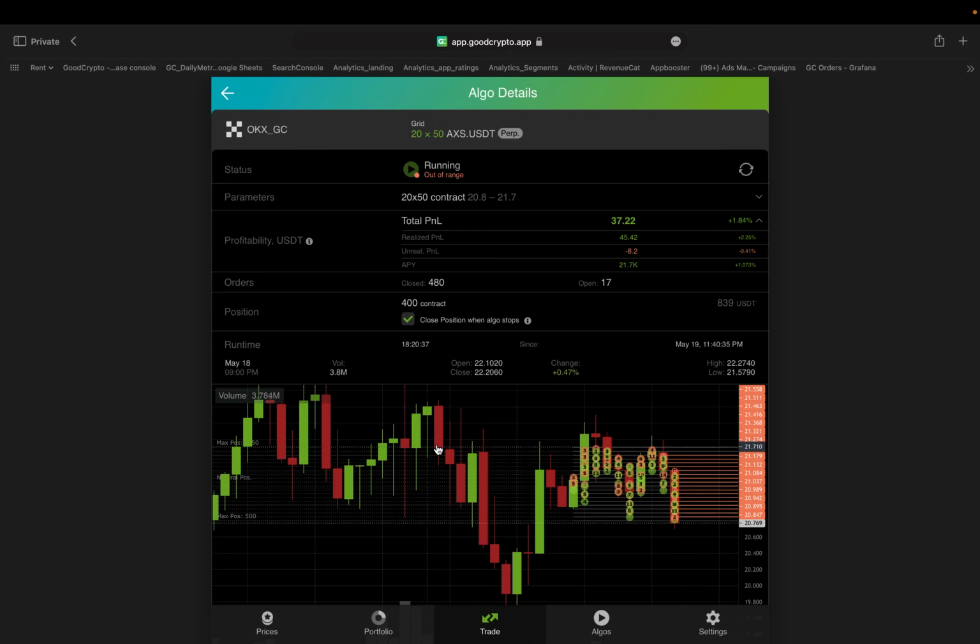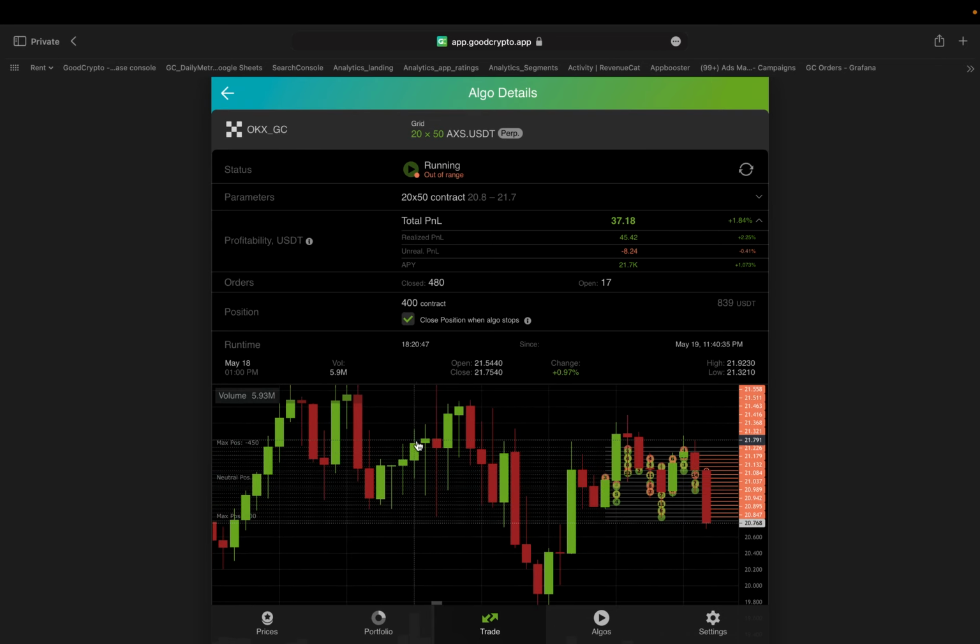So anyway, I looked and said maybe that's not a bad thing. It more or less covers maybe 70 to 80% of the range in which the instrument traded for at least a couple of days back, right? That's the first thing that I check.